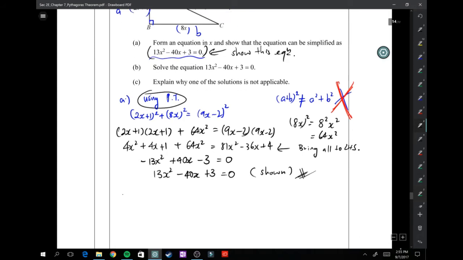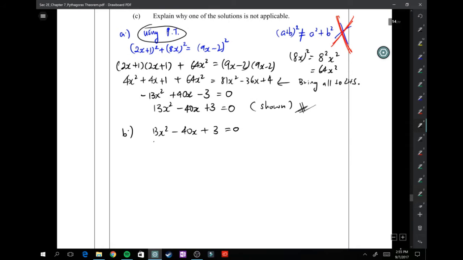Part B asks you to solve 13x squared minus 40x plus 3. I think it's quite straightforward. You see a quadratic equation here, with 3 terms. What do we do? Obviously we're going to factorise. 13x squared, so we have 13x and x, and we have 3 here.